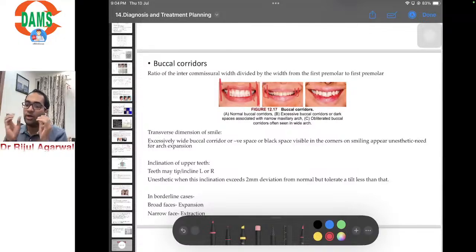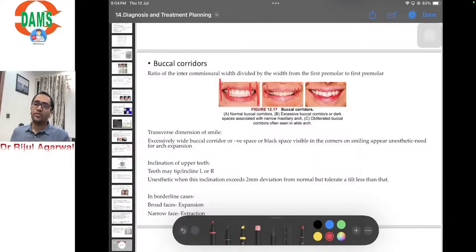So if the buccal corridors are wide, meaning there is excess black space in the corners, we can expand the arches. If the buccal corridor is already narrow, you cannot expand the arches in that space. Again, it depends on a case to case basis as well. You need to evaluate other factors as well, which I have discussed in macro aesthetics.